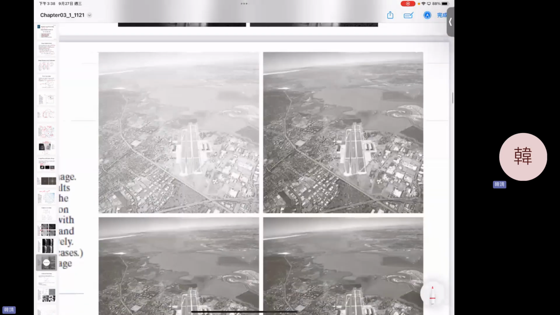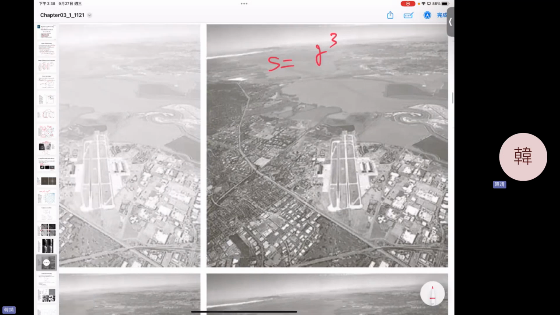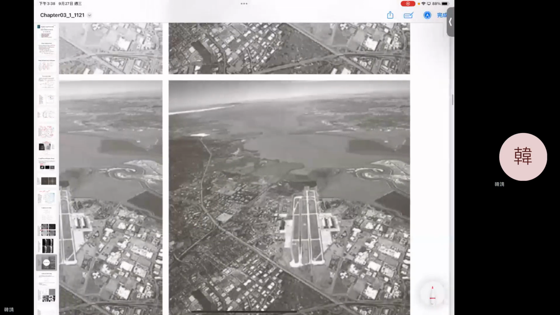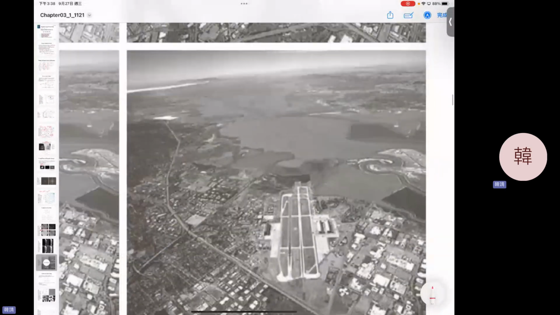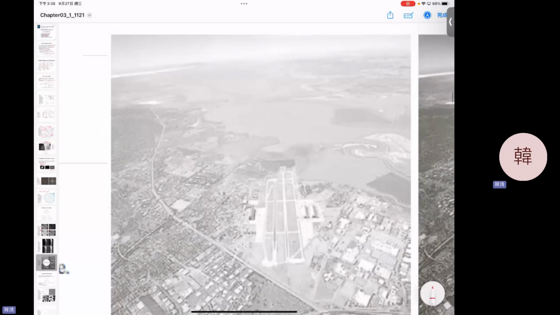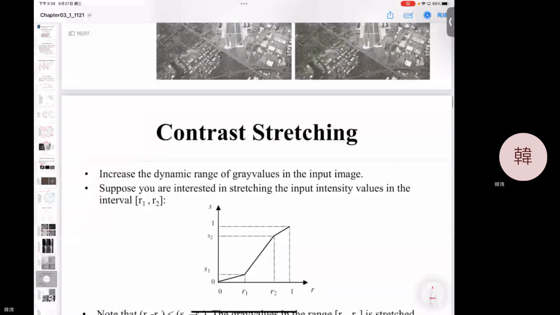So there are 3 choices. 3, like this one. 4, like this one. 5, like this one. Definitely better than the original one, right? So it depends on your input image, and you have to apply the right correction process.